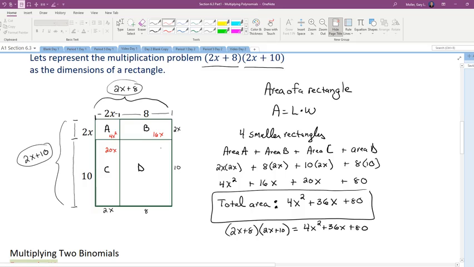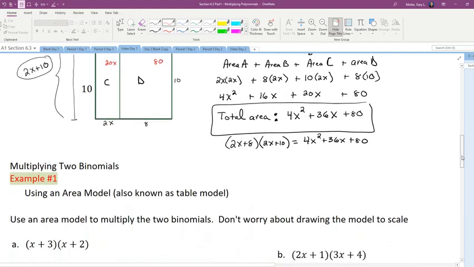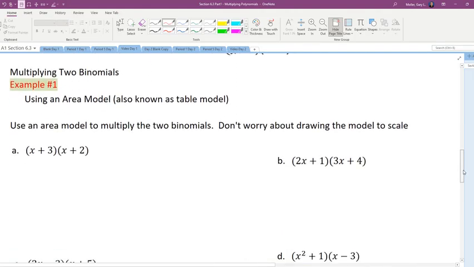And we've got our 80. And if I add all four of those up, I get the answer, which is the area, but also the answer to the multiplication question. Okay. That is using an area model or a table model to multiply two binomials together.